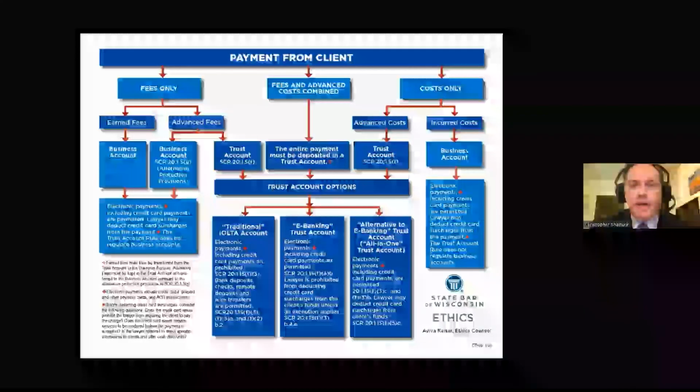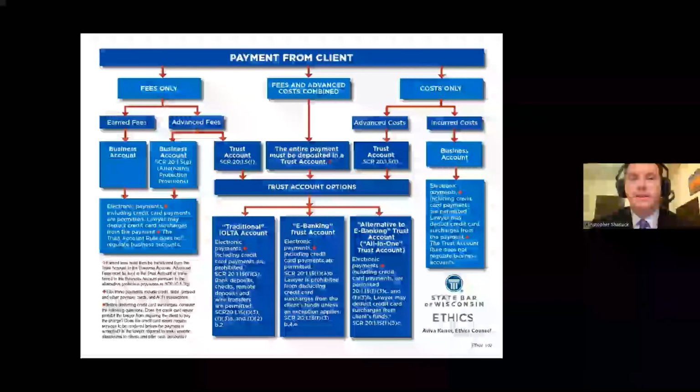What I really like about this chart is the way that you break this down. When you talk about those fees that must be deposited into a trust account, then depending on the form of the payment, which you referenced earlier when you were responding to the business account difference, the form of the payment will determine which account it goes into. So as you said, if it is an advanced cost and an earned fee, that must be deposited into a trust account.